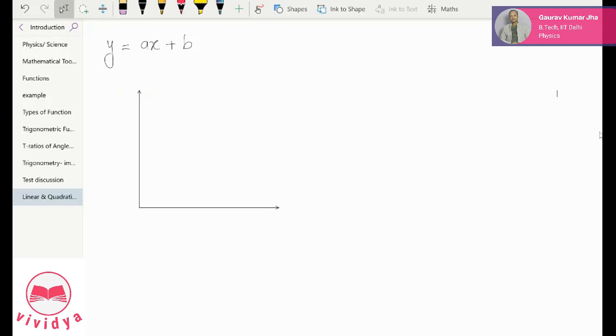So let's discuss what all things we need to know about that straight line. To draw a straight line, how many minimum points do you need?